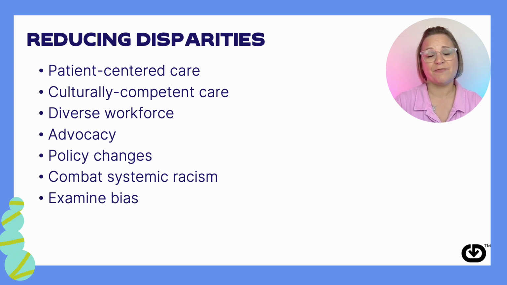Advocacy, advocating for vulnerable populations and for community health. Policy changes to increase access to mental health resources in the community. Helping to combat systemic racism, which has a negative impact on patients and can cause mental illness. And then finally, examining our own biases and making sure that we check those at the door so we provide patients with equitable and quality care.